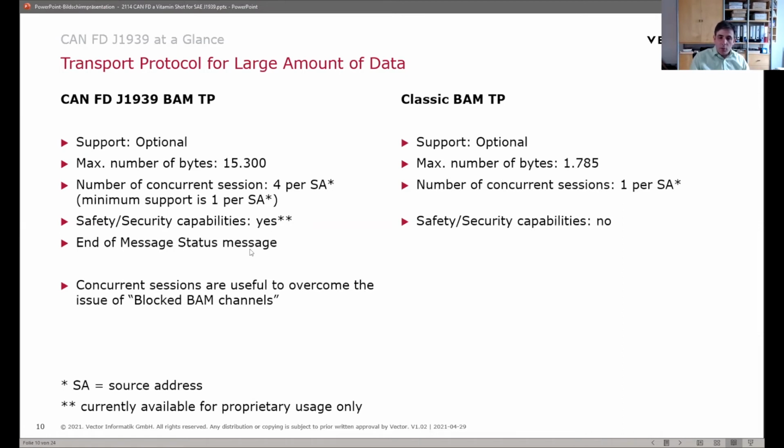This is a new frame that ensures on the receiver side everything is fine, and this end of message status, for example, carries the safety and security data along with it. So this is a more reliable protocol, and it is very helpful. It's probably not the major change, but this really helps in practice.